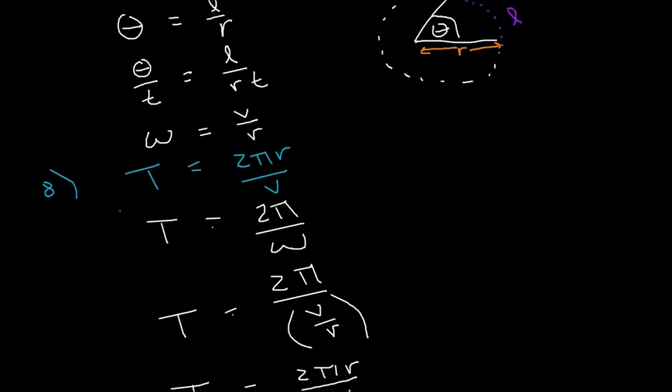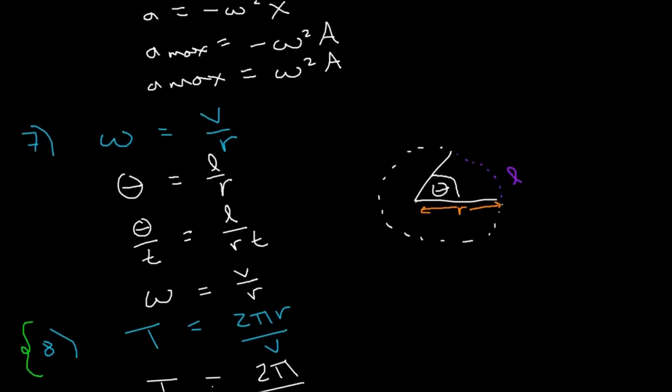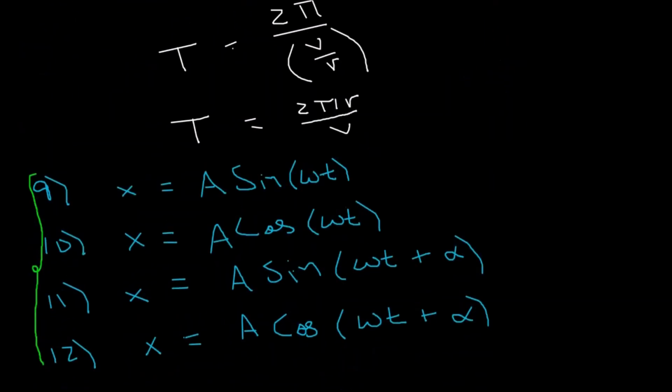And same goes for this one. Actually, I think this one's in the tables, so you can leave out this one. This one's in the tables, but you need to learn this, this, and this. And these two are the most important ones that you need. So I'll explain them now.